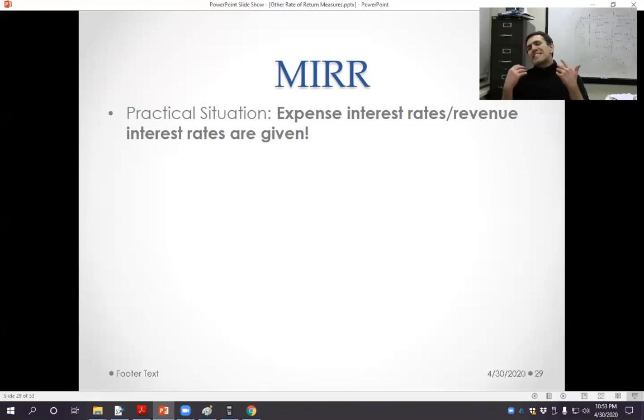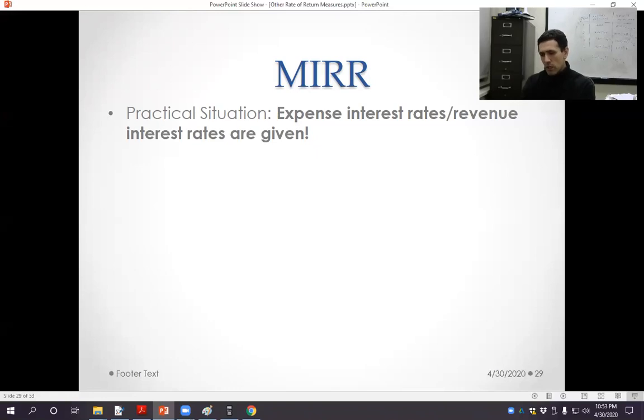So here's the situation. You have two separate interest rates for expenses and for revenue. What do I mean by that? Well, let's say you have a project. A perfect example is SUNY Albany building the engineering building, the Schuyler building.